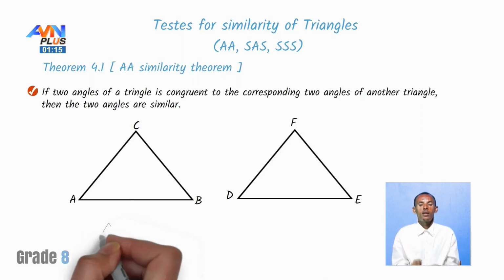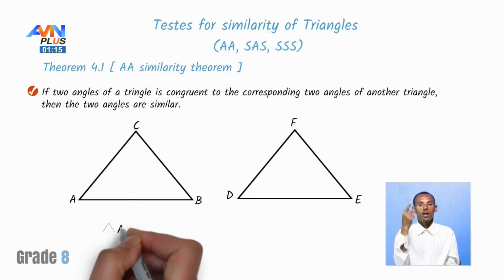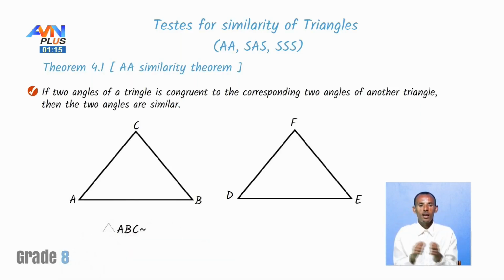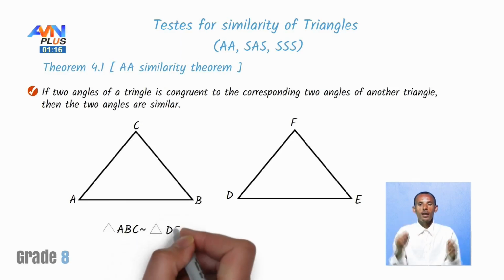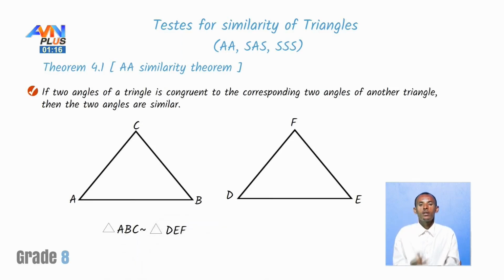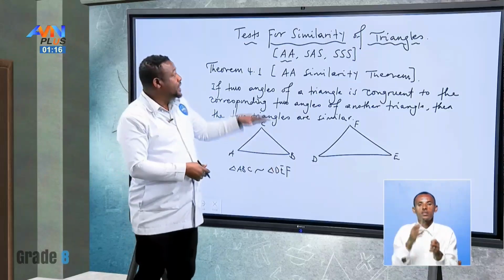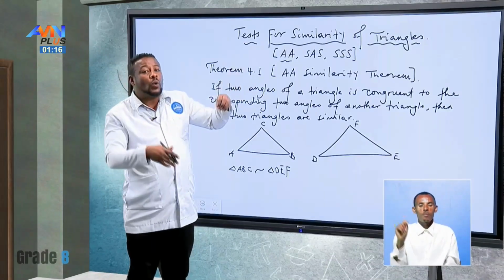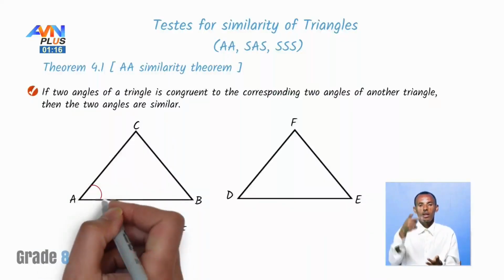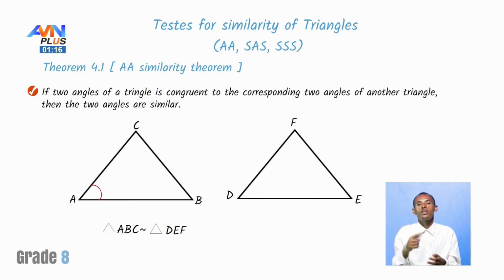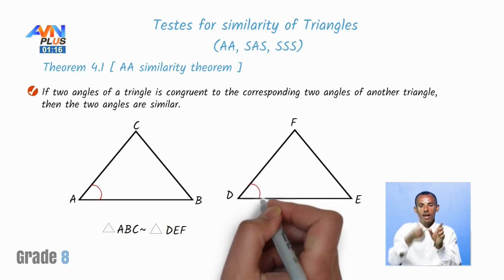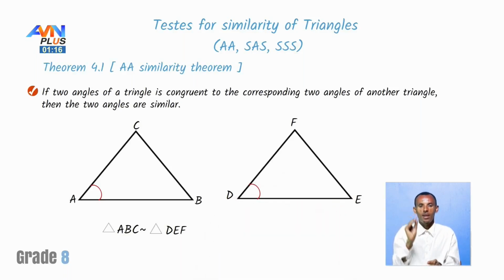If triangle ABC is similar to triangle DEF, this theorem 4.1 tells us two of the angles, say angle A and angle D, must be the same, and angle B and angle E must be the same.